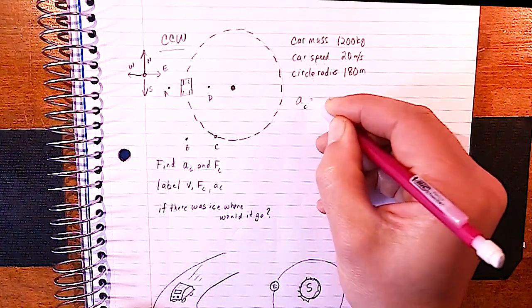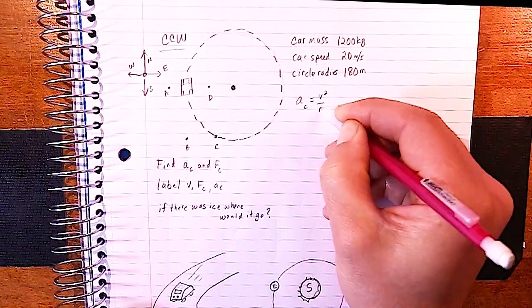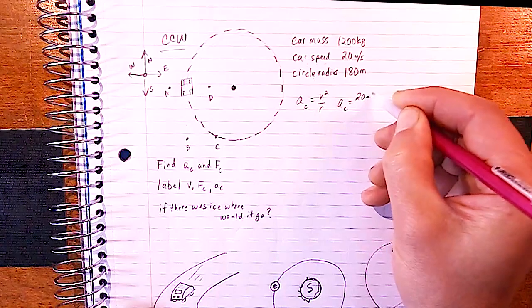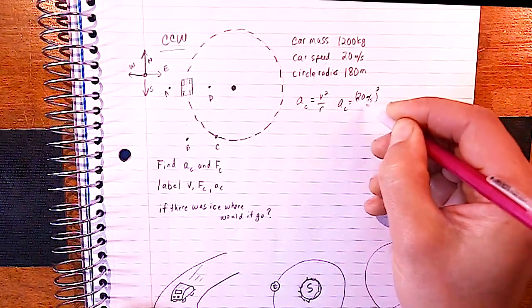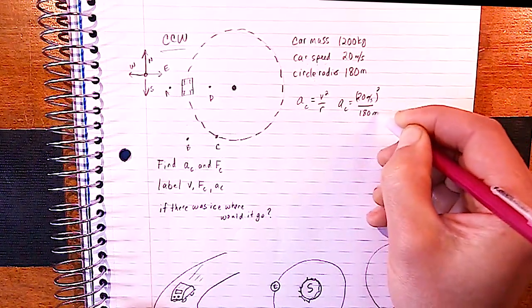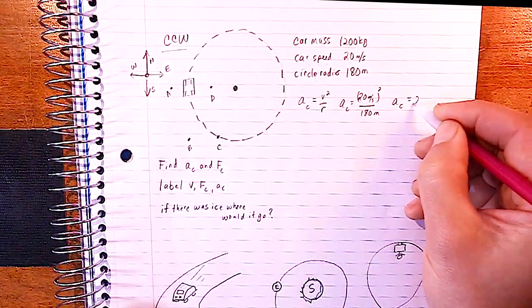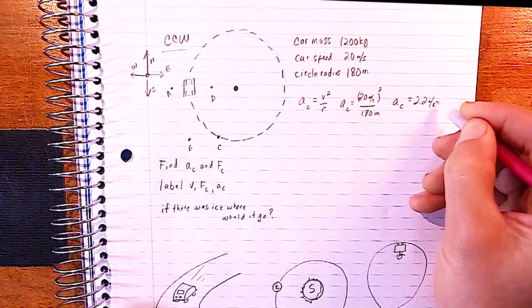So we know that centripetal acceleration is v squared over r. So we can just put in the numbers. We have 20 meters per second over 180 meters. So that's going to give us a centripetal acceleration of 2.2 meters per second squared.